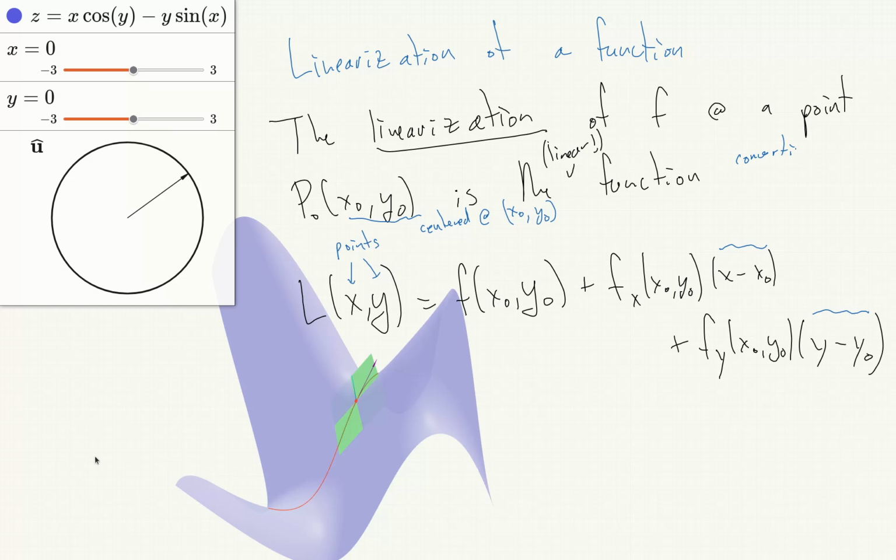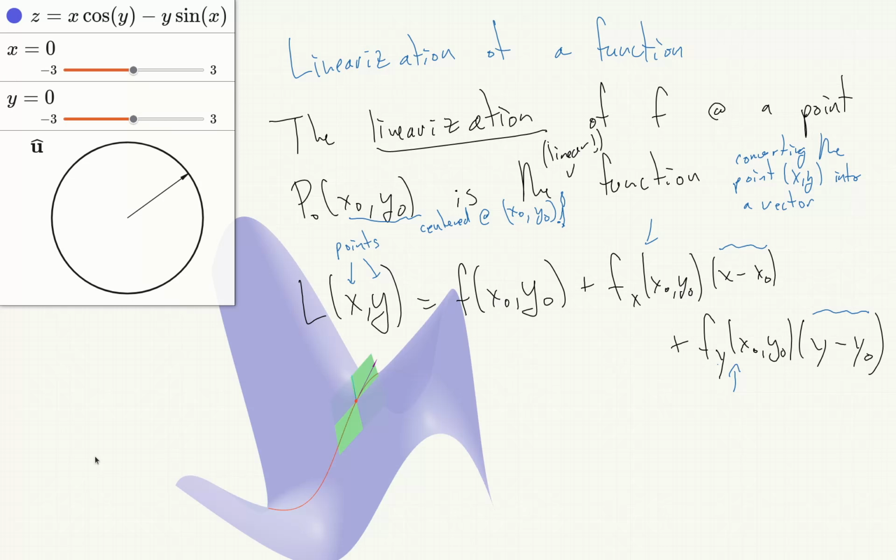This is sort of converting the point x, y into a vector relative to the center, and then applying the gradient of f.